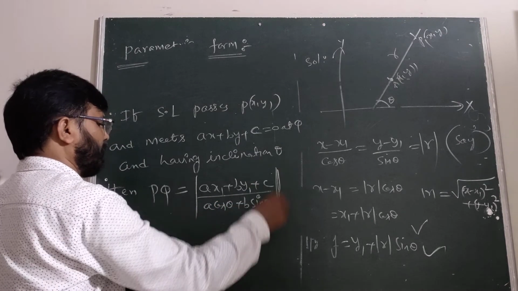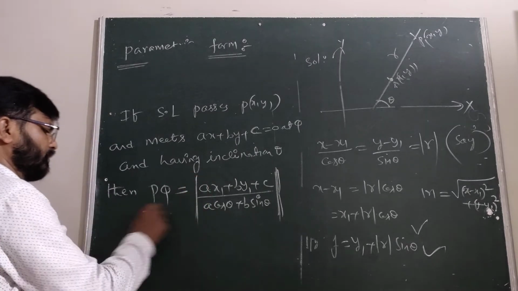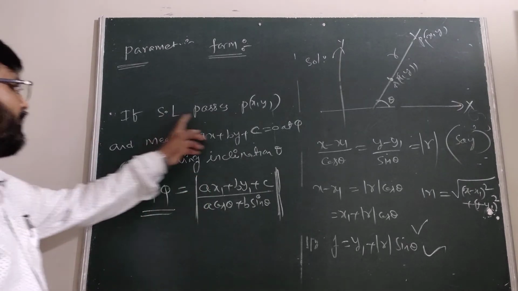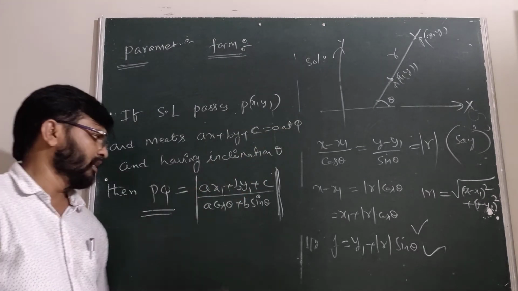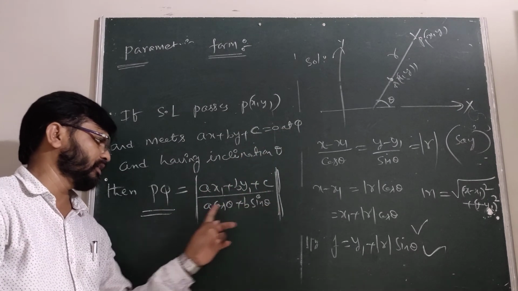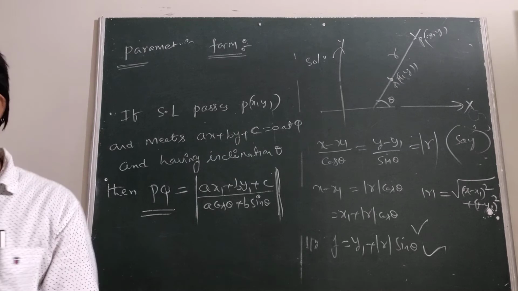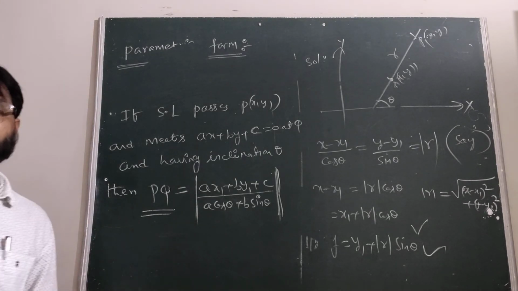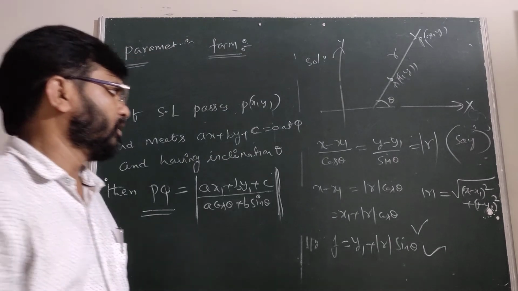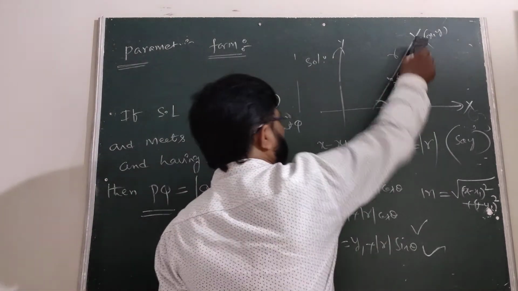This is completely an objective approach only. The distance of P and Q, directly you can write (ax1 plus by1 plus c) upon (a cos theta plus b sin theta). How to get this one? The distance of PQ, all of you listen here, that means that is r.